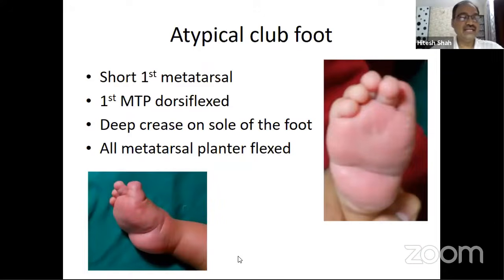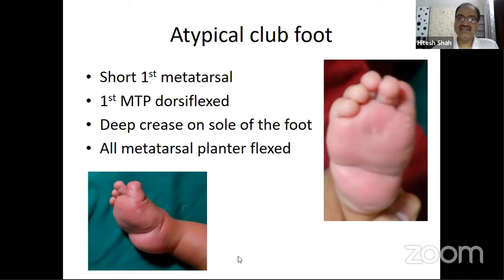A few points on the atypical clubfoot. It is important to identify the atypical clubfoot. What is actually the atypical clubfoot? It is when we find a short metatarsal.